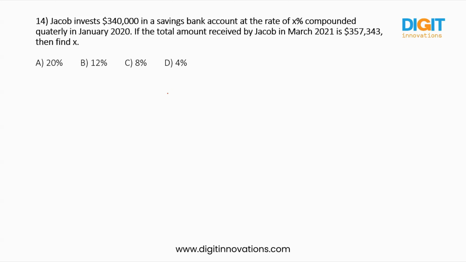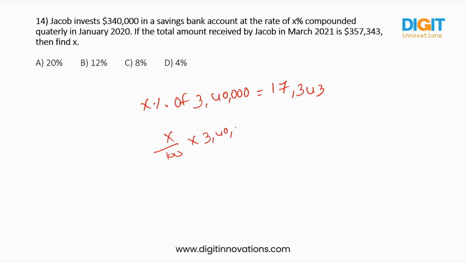I'll use the percentage concept here. So for the X rate on 3,40,000, how much did the value increase? It is 17,343. Okay. So X by 100 into 3,40,000, the two zeros will get cancelled.